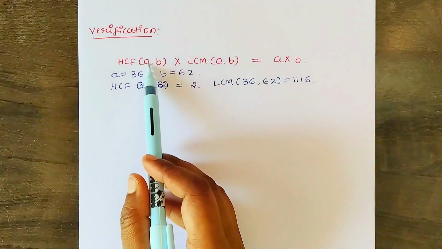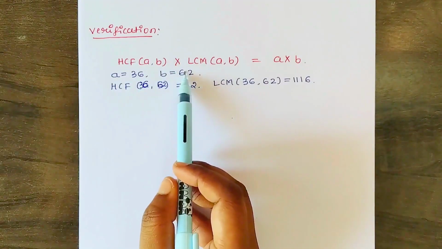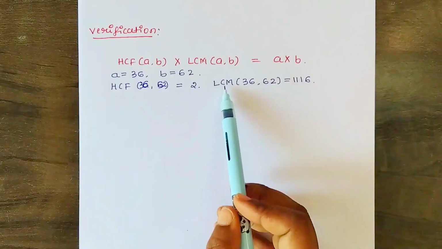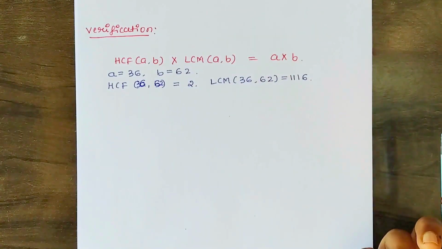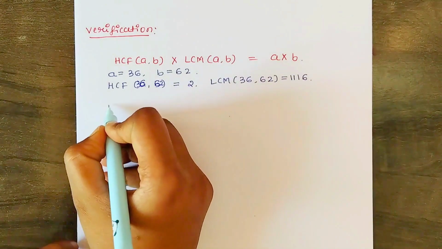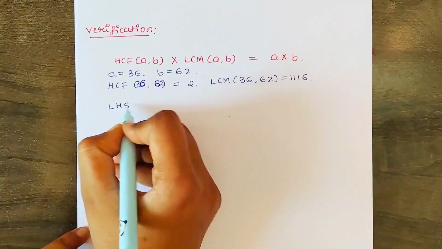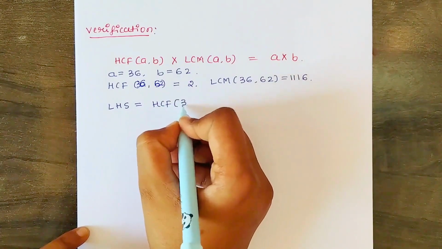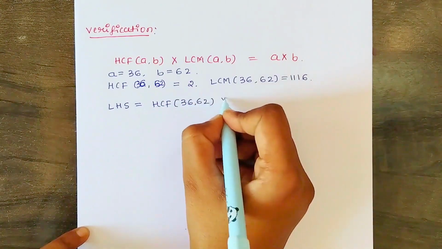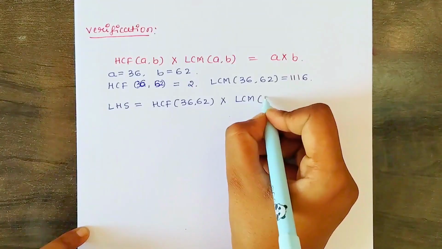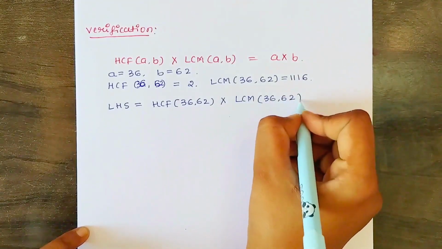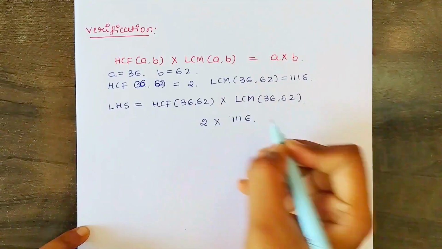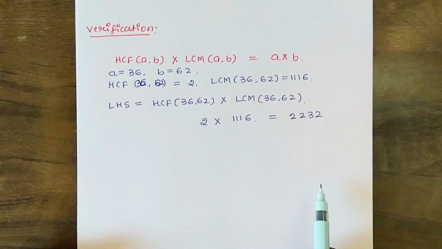See, here the value of A is 36 and the value of B is 62. I got the HCF of those two numbers as 2, and the LCM of those two numbers as 1116. Now let's verify. Consider the LHS of the relation, that is HCF of 36, 62 into LCM of 36, 62. The HCF is 2 into the LCM is 1116, and the answer is 2232.